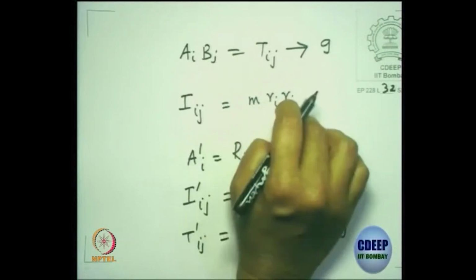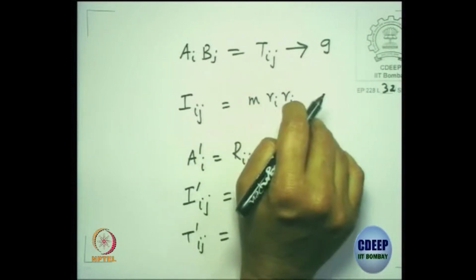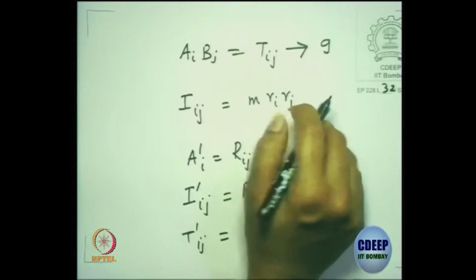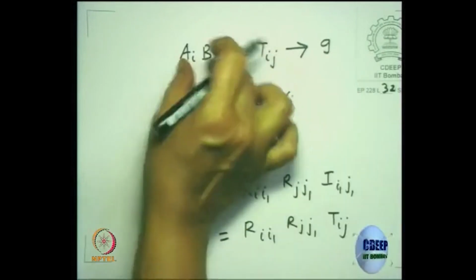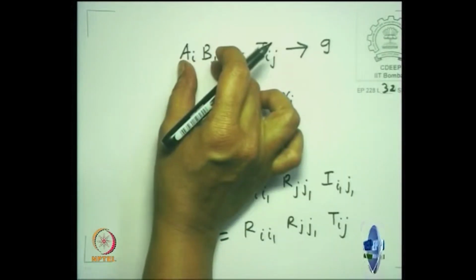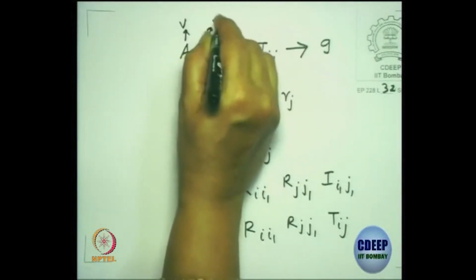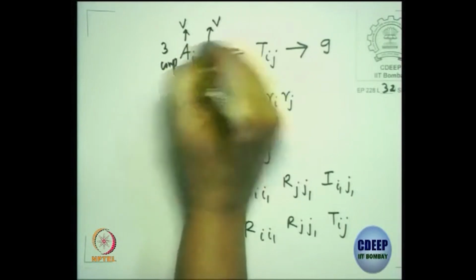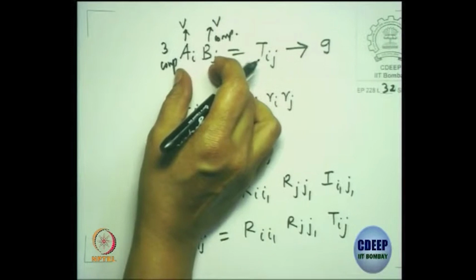Combining two vectors is like taking a tensor product. So I have combined two vectors. This also combined two vectors. This is a vector, this is a vector. This vector has 3 components, this has 3 components. Combining is a tensor product.